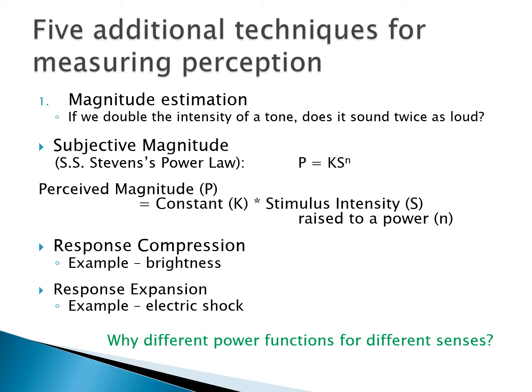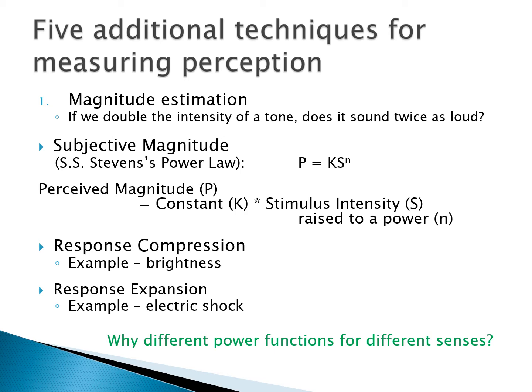But S.S. Stevens became much more specific about the formula and the mathematics behind this power law, where perceived magnitude, we're going to call that P, so what the person is actually perceiving, equals some constant K multiplied by stimulus intensity, so whatever the standard stimulus was, raised to a power of n.